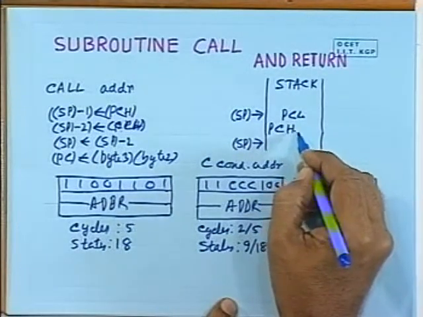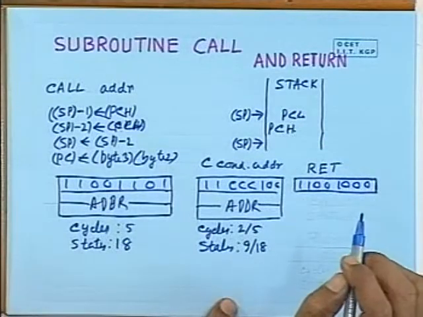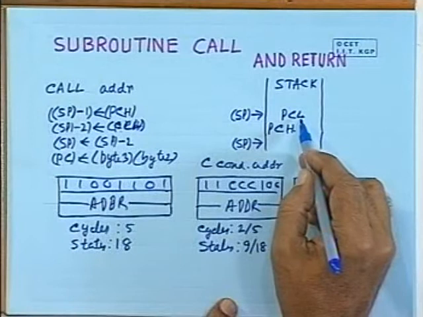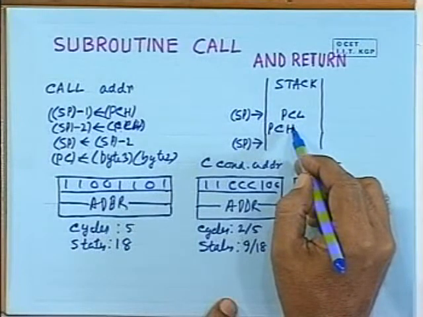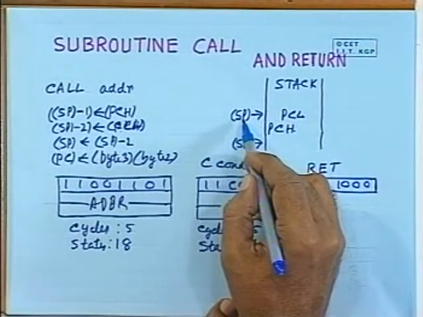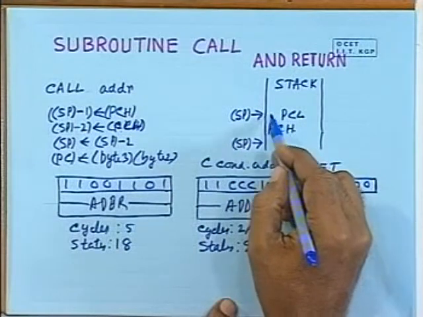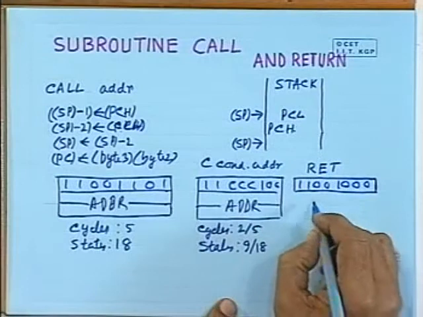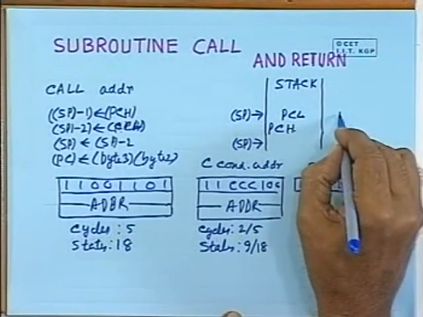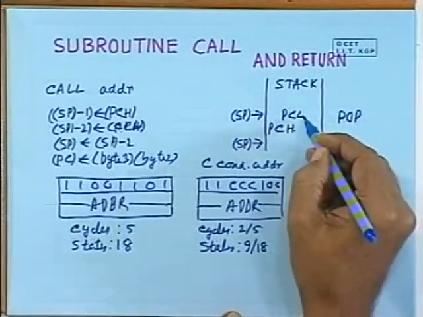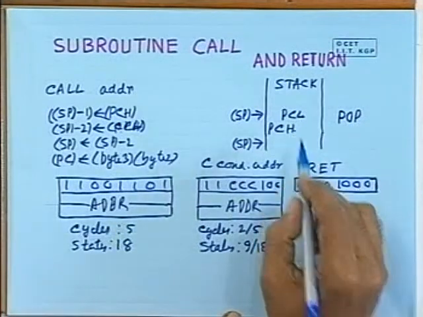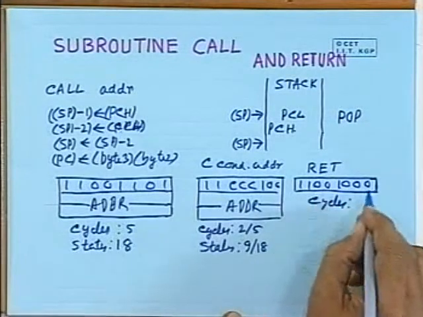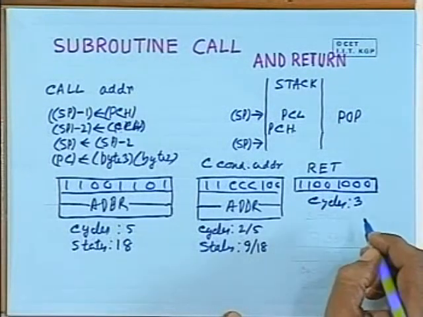Since these two values are there in the stack, they have to be fetched, but you see you don't have to specify the address, because the stack pointer is already pointing to these two values. So it will execute some kind of pop operations, and the program counter will be loaded. Although the instruction is only 1 byte, it will require 3 cycles.